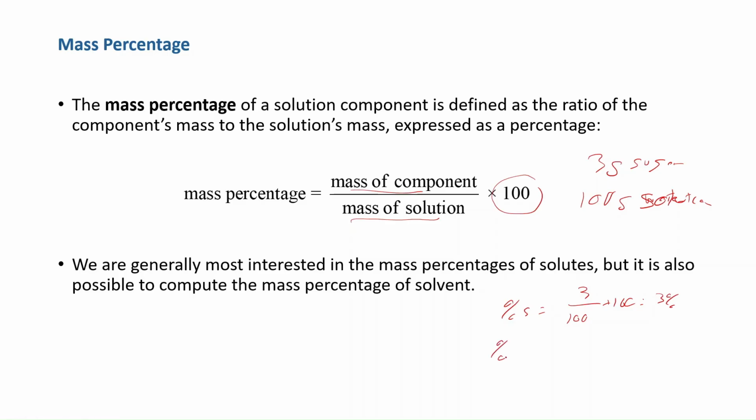But if I wanted to know the concentration of water, you say, okay, I have 100 grams of solution, 3 sugar, so 100 minus 3, that's the amount of the water, divided by 100 times 100. That's 97 divided by 100 times 100, so that's 97%. Or you can go the easy way, and you say, okay, if the sugar is 3%, 100% minus 3%, that's 97%. You don't have to actually go through the calculations.